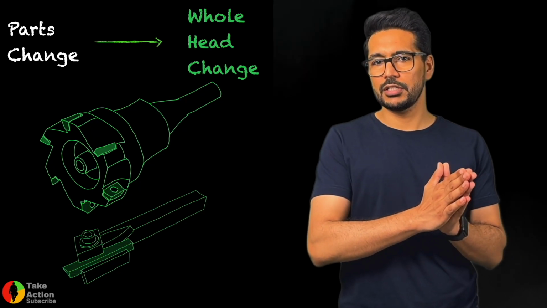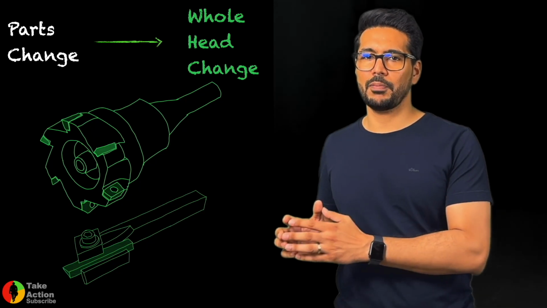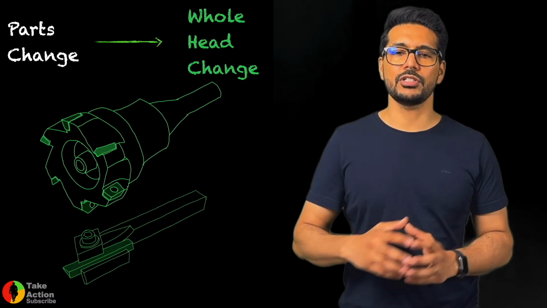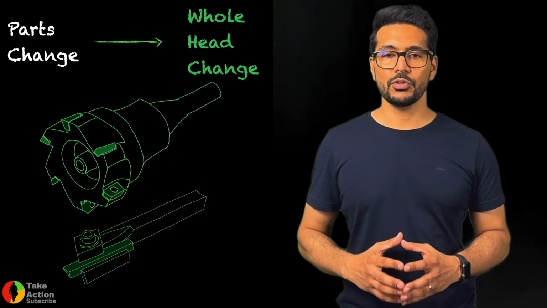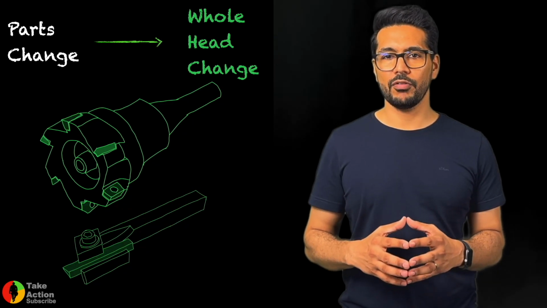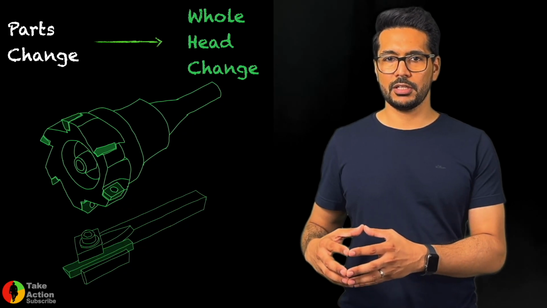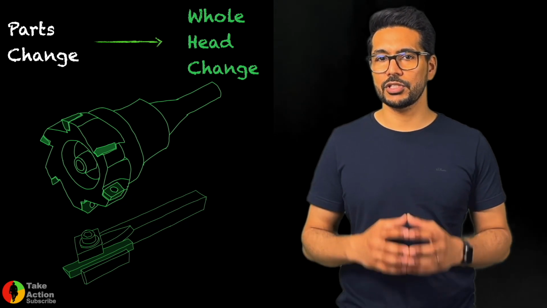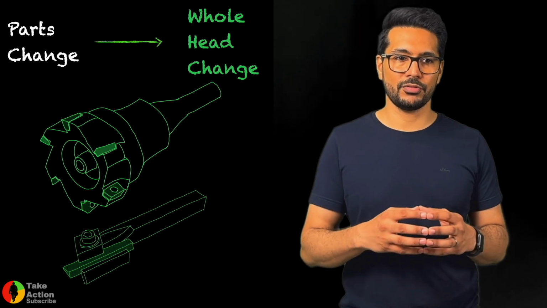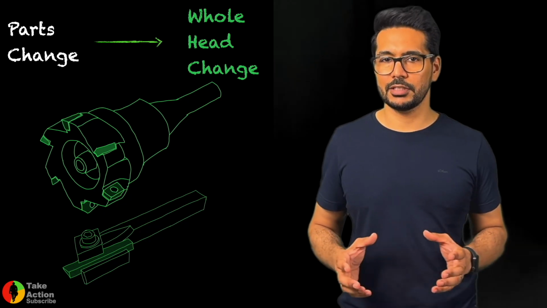If we take the complete head out and replace it with a new head, which is anyway available in the company as a spare part, then we are much quicker, and we have a lot of time offline to check, inspect and do a very good quality setting, and the machine downtime for this activity can be drastically reduced.